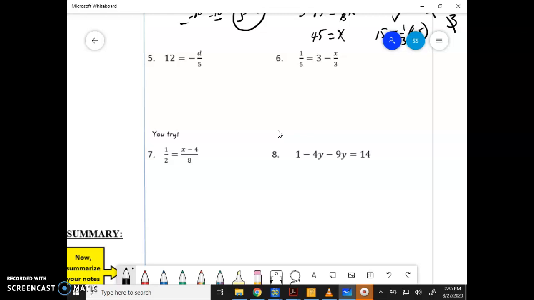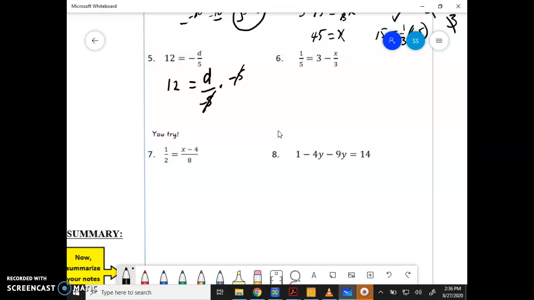Okay, so I could rewrite this as 12 is equal to d over negative 5. Okay, that way when I multiply, I know that just like I said in the last problem, I want to multiply by whatever's in the denominator. So if I multiply by negative 5, these will cancel out, right? And then I'm left with a positive d.